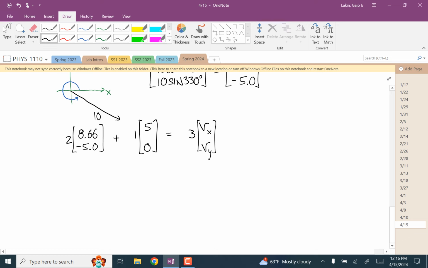And so you get, for the x equation, 17.32 plus 5 is equal to 3vx, and you get that Vx is equal to 7.44.